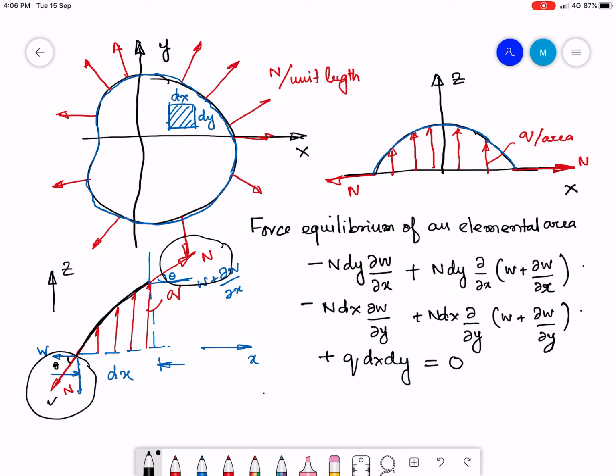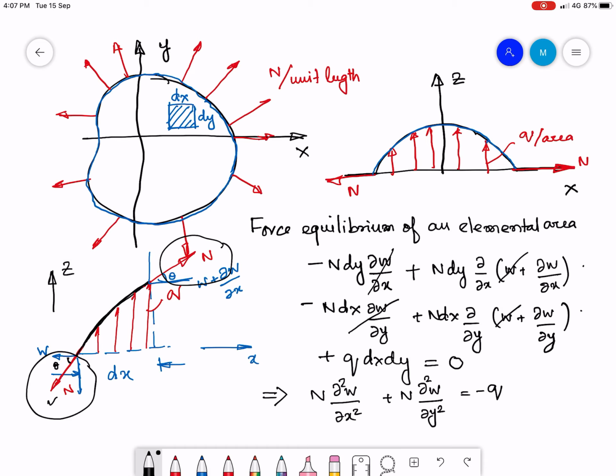Now, if I simplify this, it is going to simplify as n del 2 w by del x square plus n del 2 w by del y square is equal to minus q, because some terms are going to get cancelled out with others.